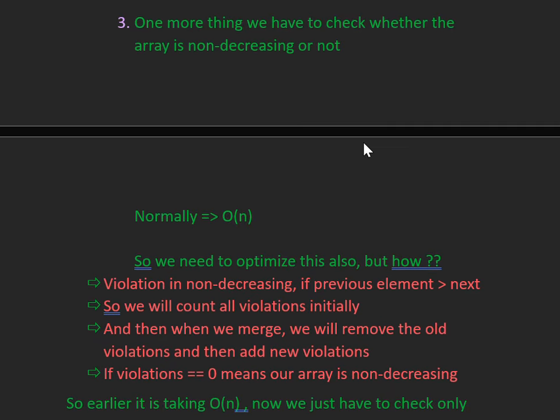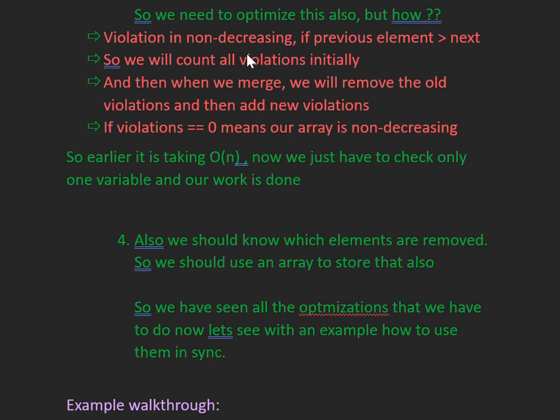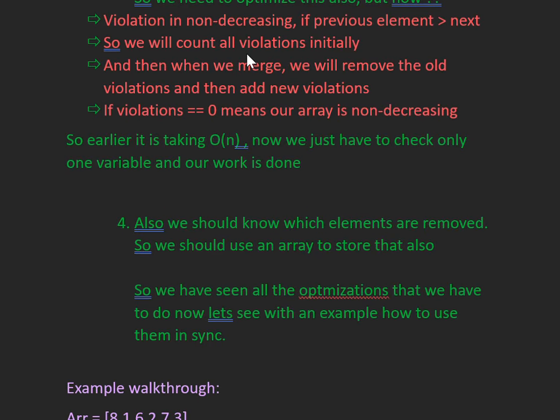And what next we can do is, every time we were checking whether the array is non-decreasing or not, that also takes O(n) time, so we need to optimize that also. The condition for non-decreasing is that the previous element should be either smaller than or equal to the next element.